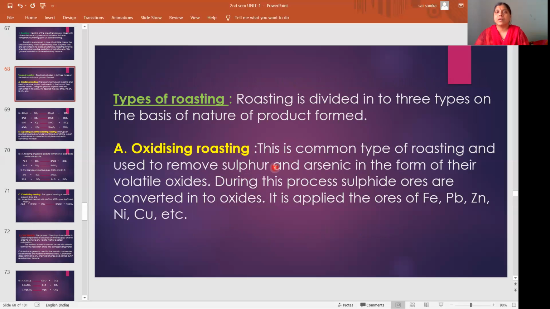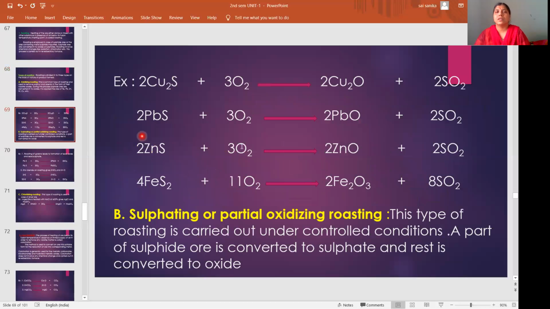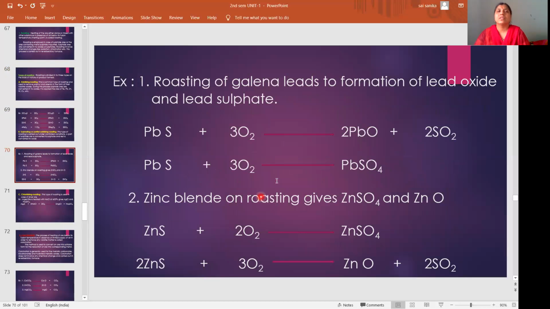In sulfating roasting, some of the sulfide ore is converted into oxide ore and some into sulfate ore. That's why it is called partial oxidizing roasting or sulfating roasting.